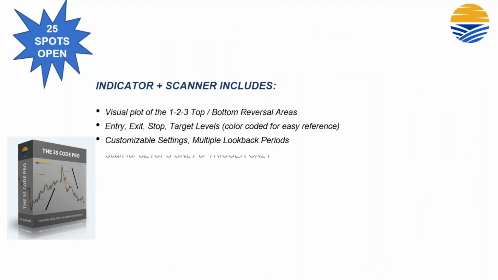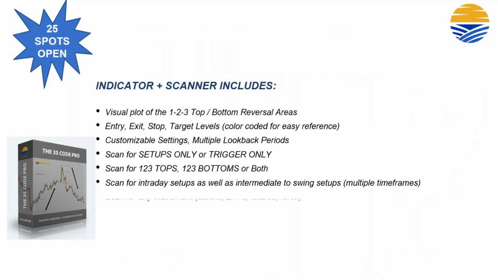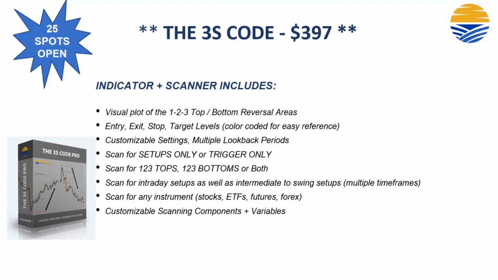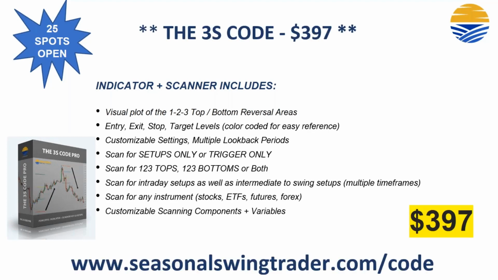Let's talk about what the indicator and scanner includes. Again, you're going to get a visual plot of the 1, 2, 3 top and bottom reversal areas as we've been showing you, that has the entry, exit, stop levels, target levels, customizable settings. If you don't like red, you want hot magenta. If you don't like dark green, you want puke green. You can change the arrows to dots, dots to squares, squares to hashes.